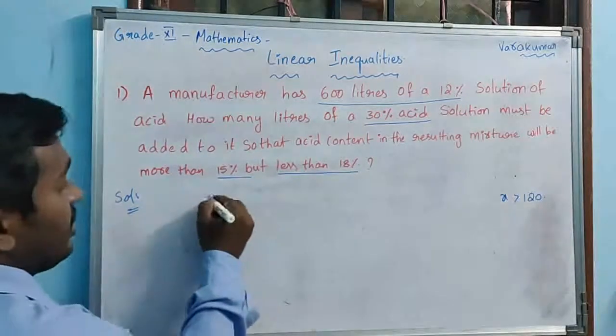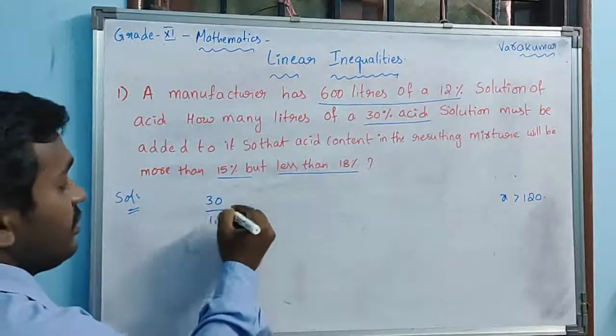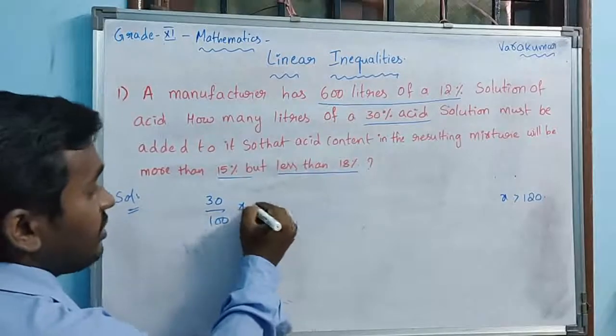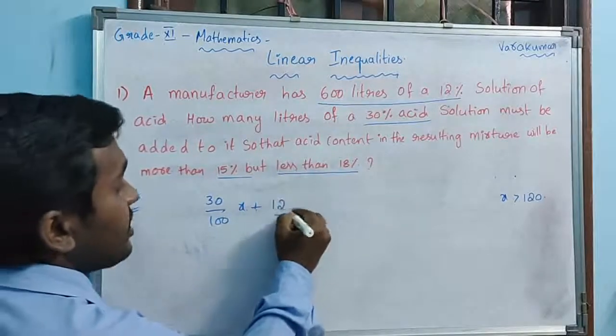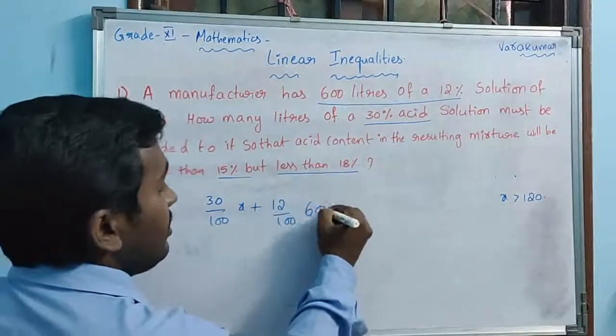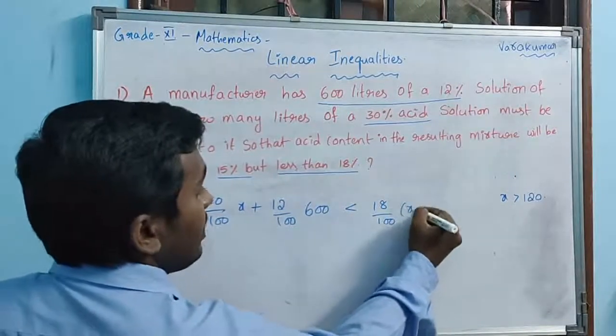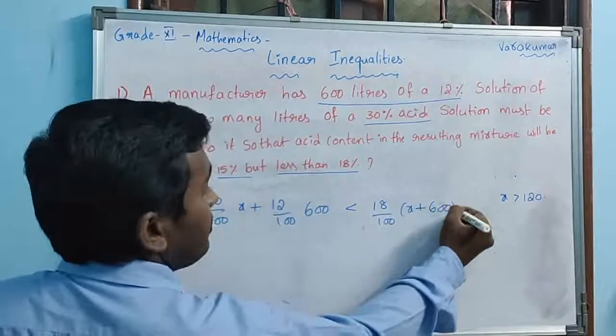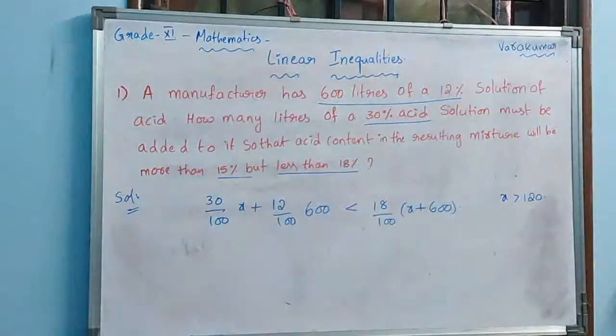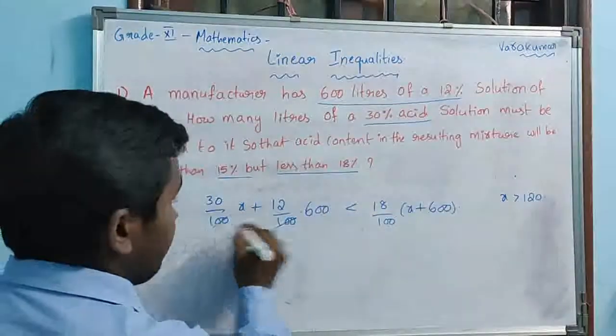What is given? 30% of X, added to 12% of 600, is less than 18% of X plus 600. Now we have to cancel the 100 on both sides.